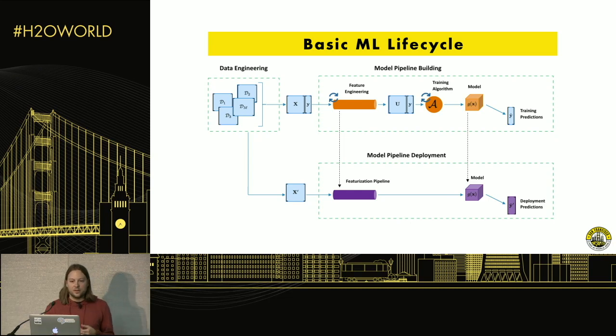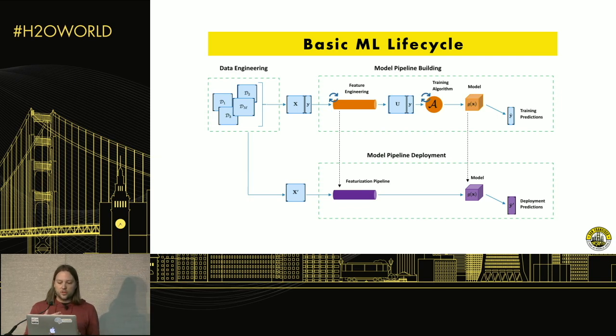So the fun isn't over. We need to do something with this model. Usually we have some streaming data, the X down there, coming as input to our pipeline. And we need to do the feature transformations on that streaming data as well, because we need to ensure that the input into our model is actually the same as it was during the training.